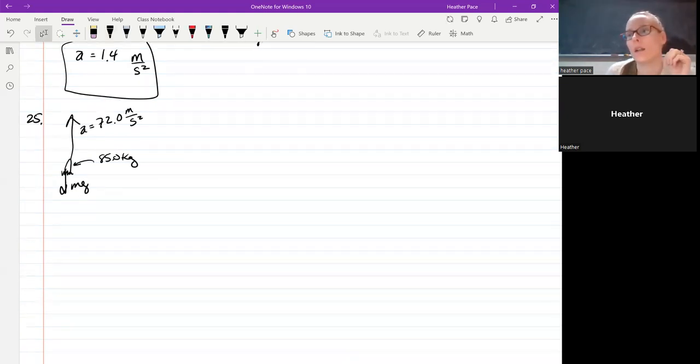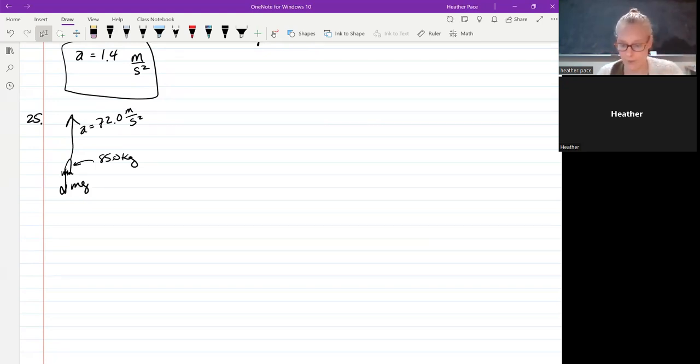So our normal force not only has to hold us up from gravity, now we've got a super fast acceleration compared to gravity, and the normal force has to overcome that too. So the normal force is going to be relatively high for what we would see standing on the ground or putting our hand on a table. So our normal force is going to be both of those forces. It's going to be mass times gravity plus mass times acceleration.